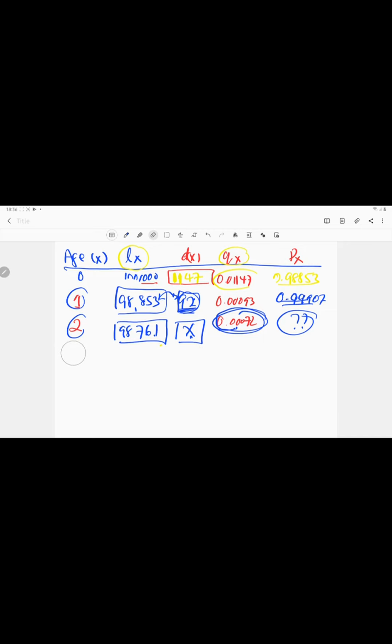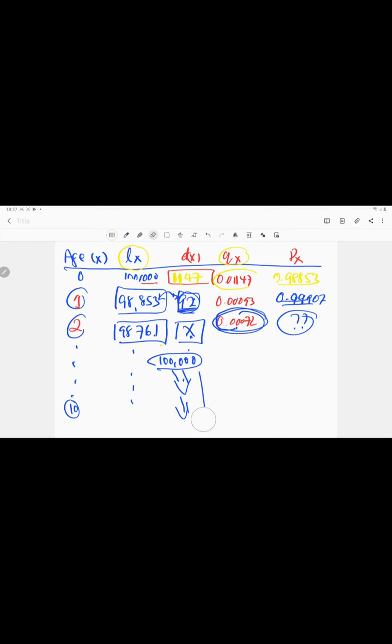You can take it further, maybe to when the age is equal to 10, and determine the values there. From the 100,000 that we started with at birth, the numbers will be decreasing until you reach the point where the last person has died.